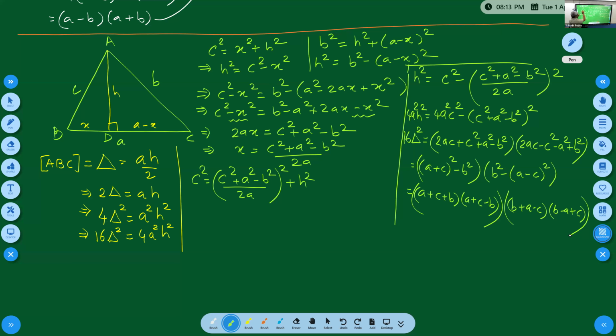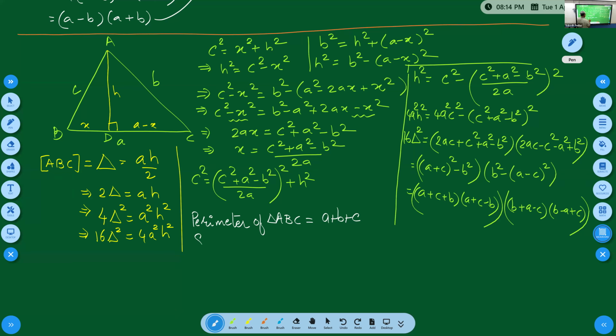Good. Now let us go back to triangle ABC. Perimeter of triangle ABC is equal to small a plus small b plus small c.